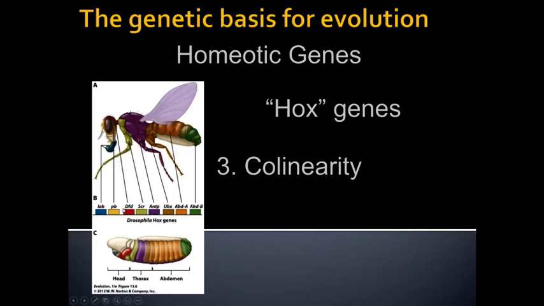And in nearly all species, this collinearity is maintained, that these genes are all found right next to each other in the same order in which they control the development of the animal. Okay, so anterior ones are found next to the ones that are next most anterior, all the way down to the posterior. So that's collinearity, know what it means. Now, the reason for this collinearity is that there is critical regulation of these as a group.